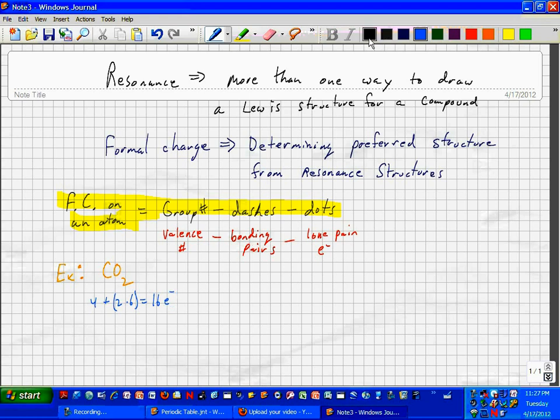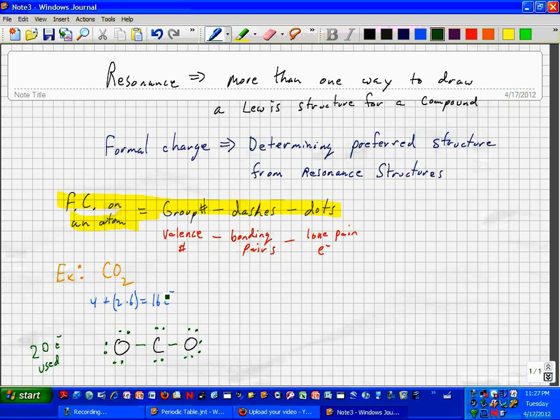I'm going to draw my skeletal structure, carbon in the middle, oxygen on each side. I'll connect the dash, complete my octets, and count up used. I've used 20 electrons here.